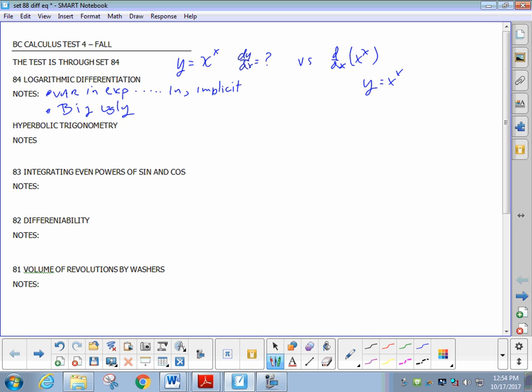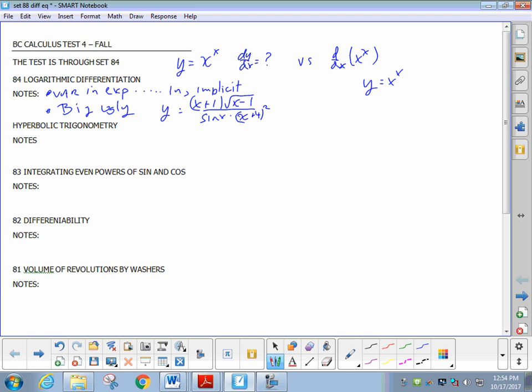Big ugly. Okay. Now, if you have something like a product of some huge expression and quotient mixed in, something like this, well, that's terrible. I don't want to use the product and quotient rule.